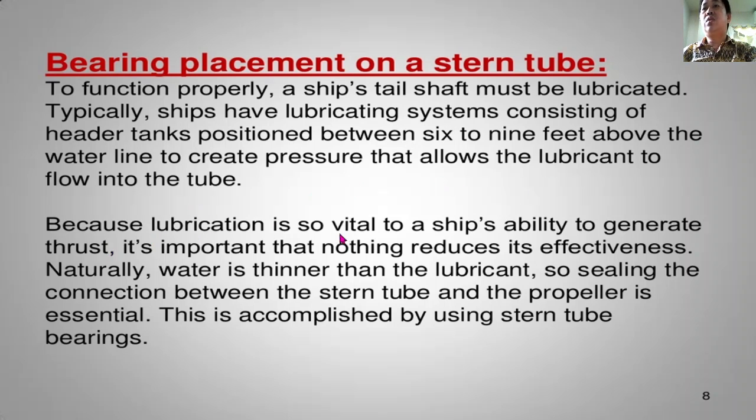Because lubrication is so vital to a ship's ability to generate thrust, it's important that nothing reduces its effectiveness. Naturally, water is thinner than the lubricant, so sealing the connection between the stern tube and the propeller is essential. This is accomplished by using stern tube bearings.